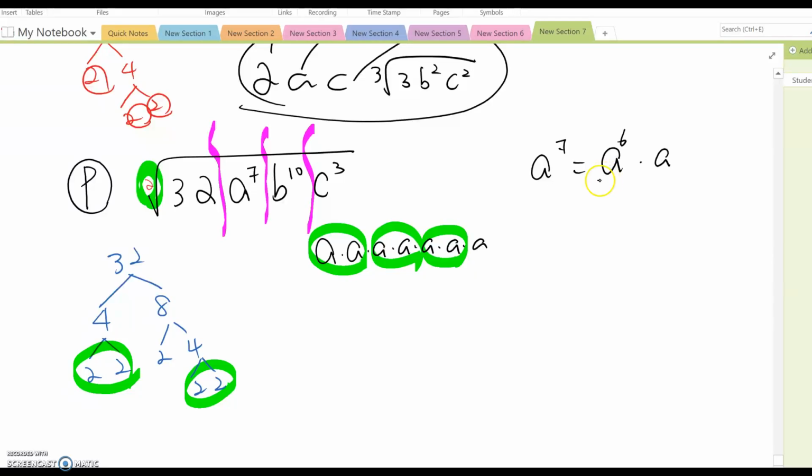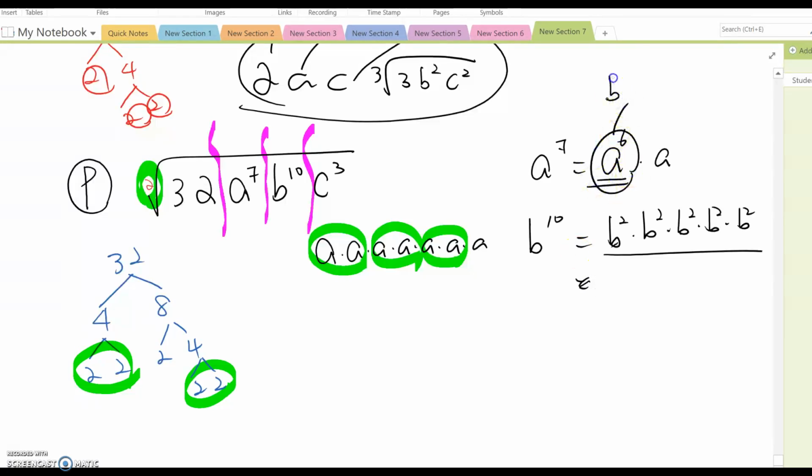Then b to the 10th, there are b squared, b squared, b squared, b squared, b squared, so you can make a total of 5 pairs. And in this case a makes 3 pairs. And c cubed means you can make 1 pair and then 1 single c here.